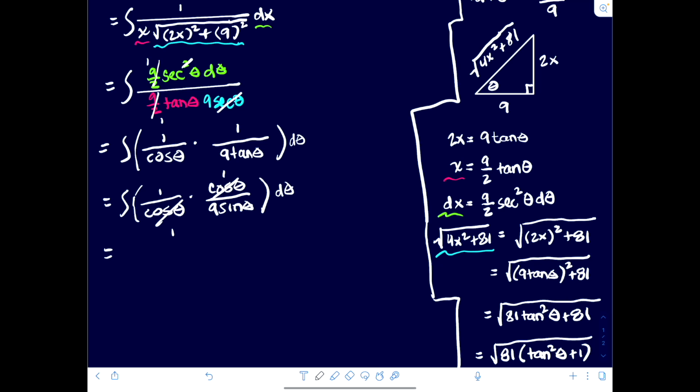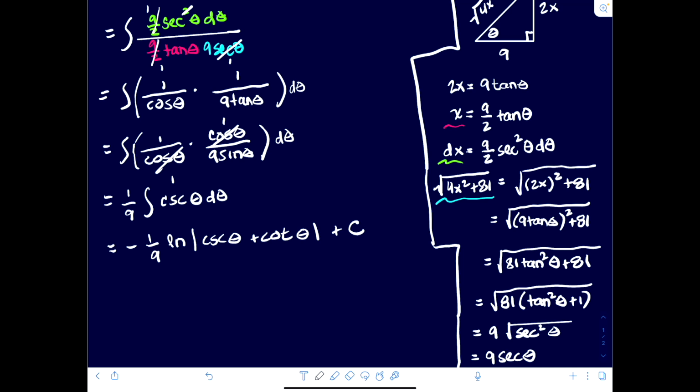So these were ones. And then now using the reciprocal identity, 1/9 is just the constant multiplier, and then times the integral of cosecant theta d theta, which is nice because we'll end up getting negative 1/9 natural log absolute cosecant theta plus cotangent theta plus our constant of integration.